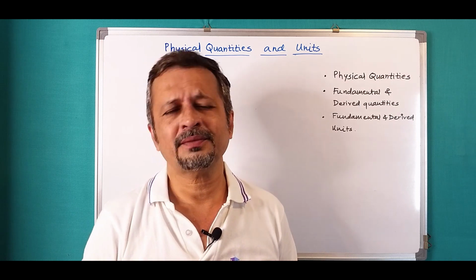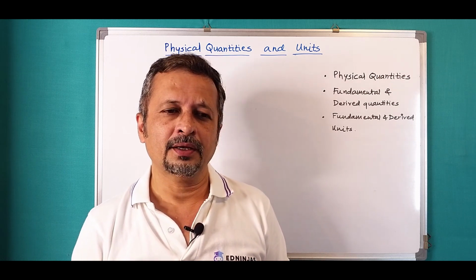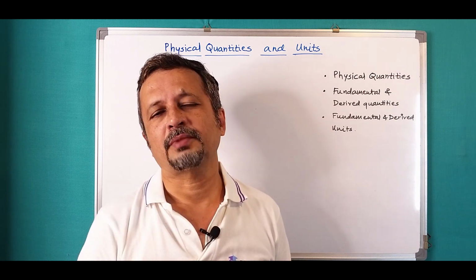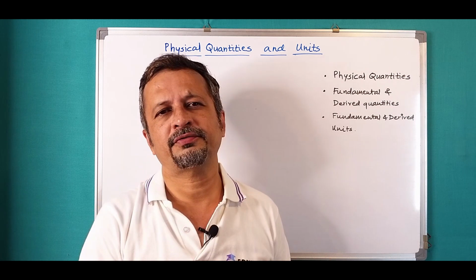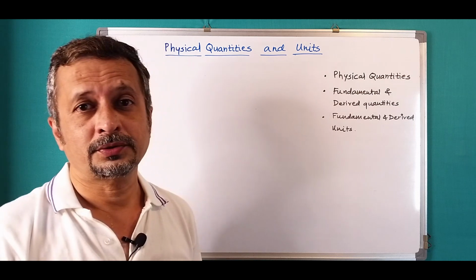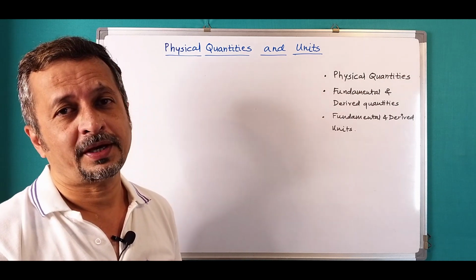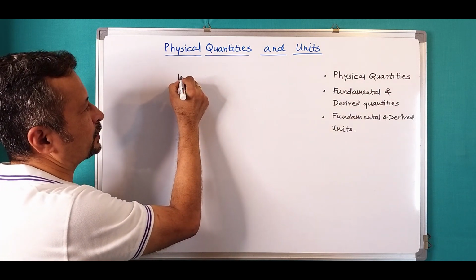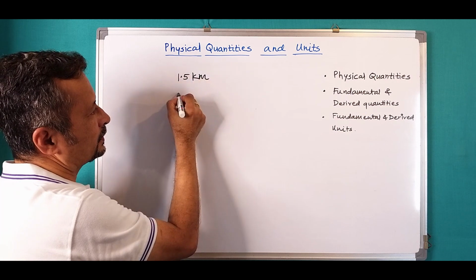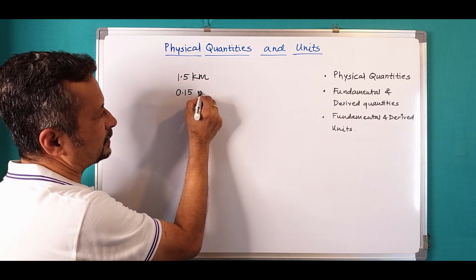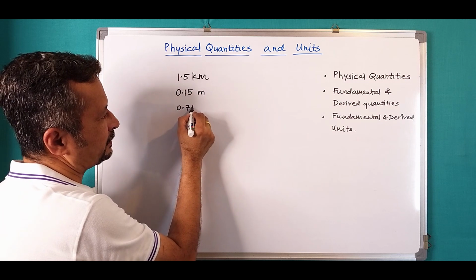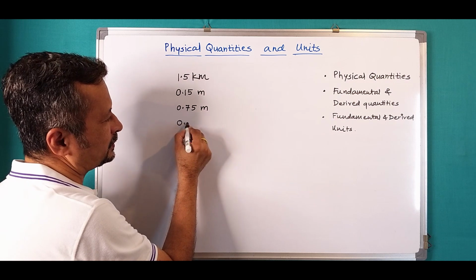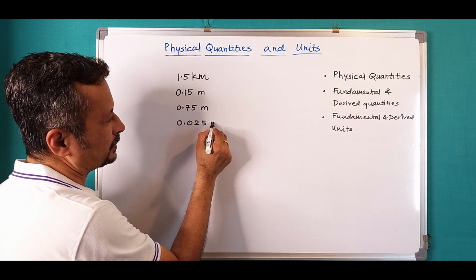Now what is estimation? Estimation is basically a skill. I'll give you an example. The length of this marker is about 15 centimeters, correct? Suppose you are expected to estimate the length of a pen, and you are given something like this: 1.5 kilometer, 0.15 meter, 0.75 meter, and 0.025 meter.